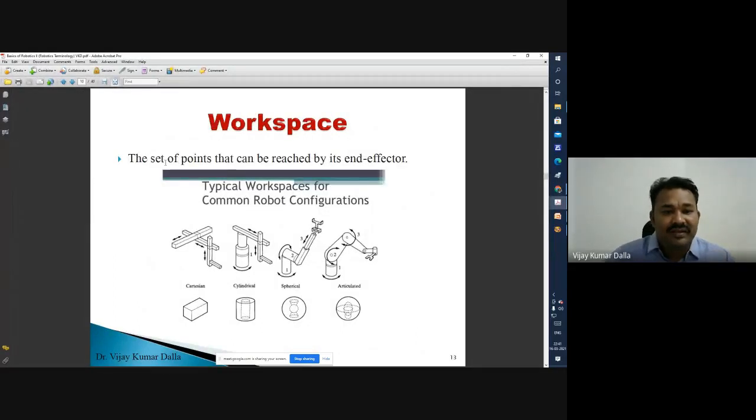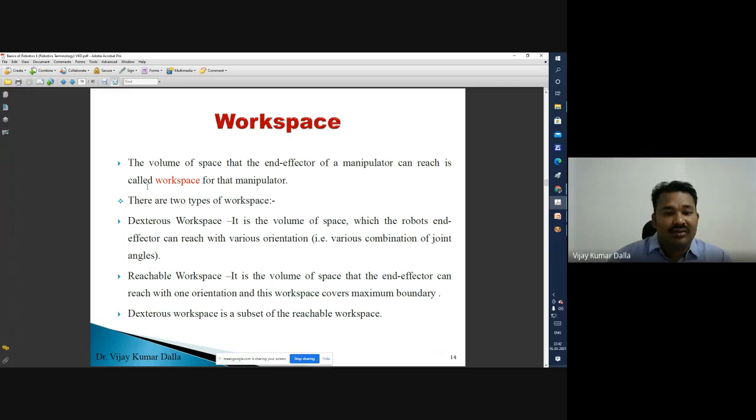So workspace is the set of points that can be reached by its end effector. Workspace is also known as work volume or work envelope, meaning the maximum reach of the manipulator. There are two types of workspace: first, dexterous workspace, and second, reachable workspace.